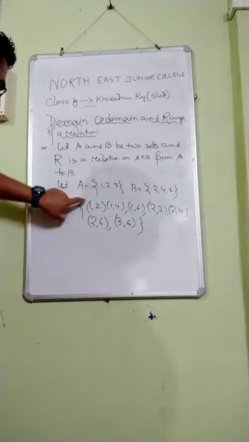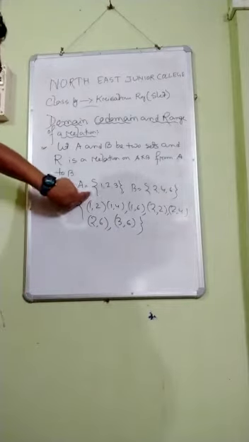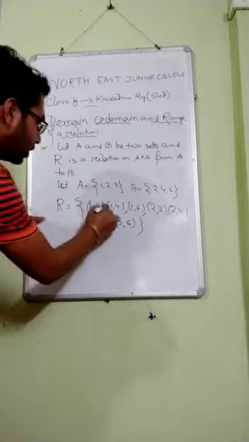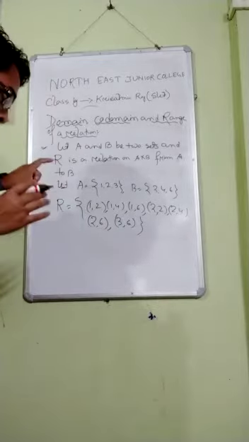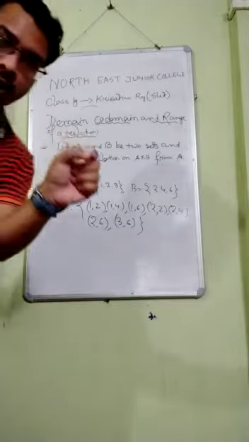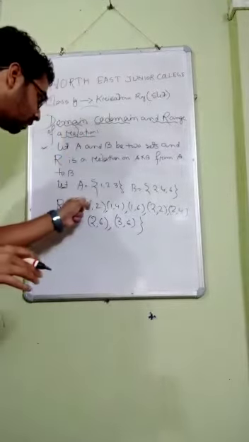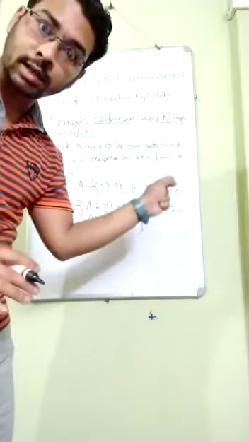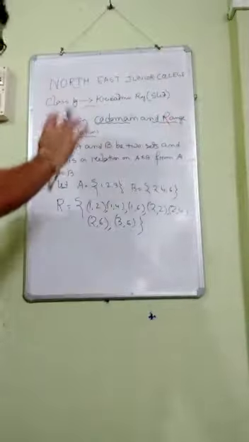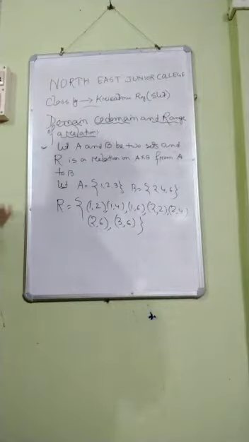See, the set which is constructed by taking the first element of the ordered pairs present in the relation R is called your domain set.